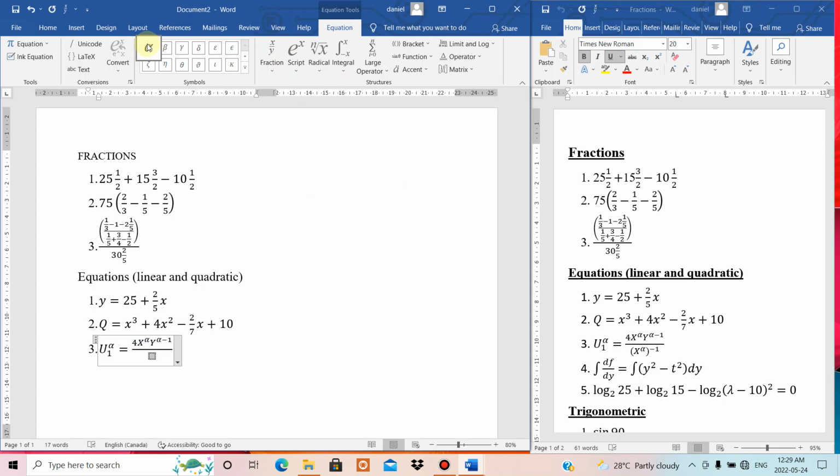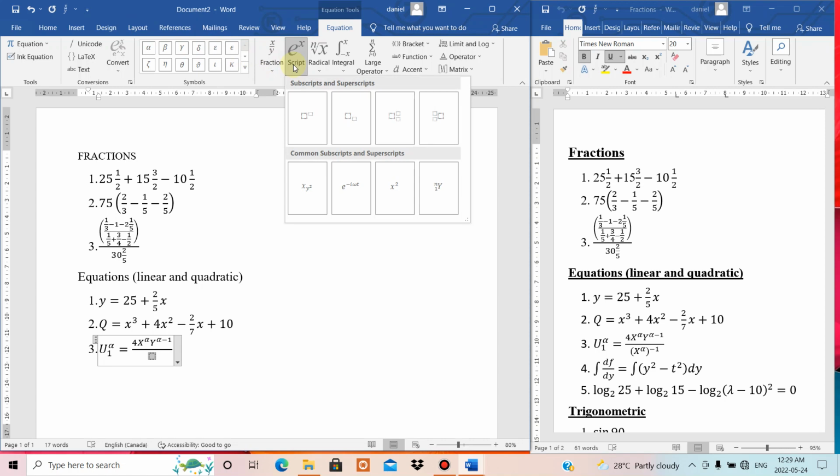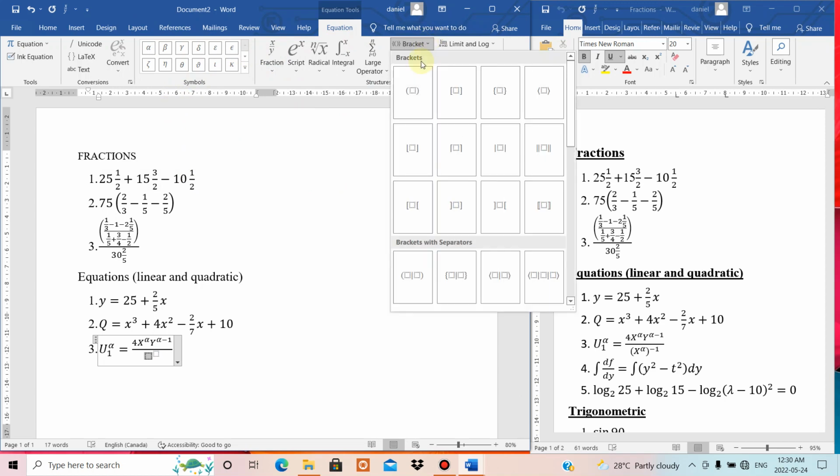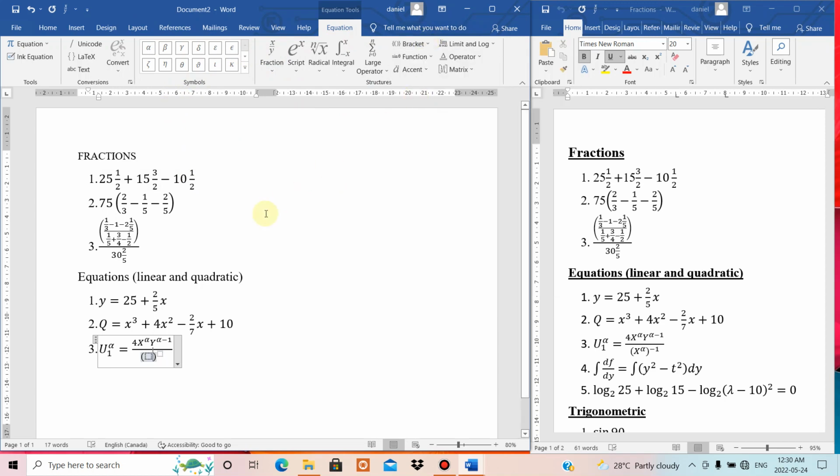So we come to the denominator. Now the denominator also contains a fraction, contains a bracket with an exponent of -1. So what you do is you click on your script and with the part that contains x exponent alpha, you introduce your brackets over there. So we have our bracket here.